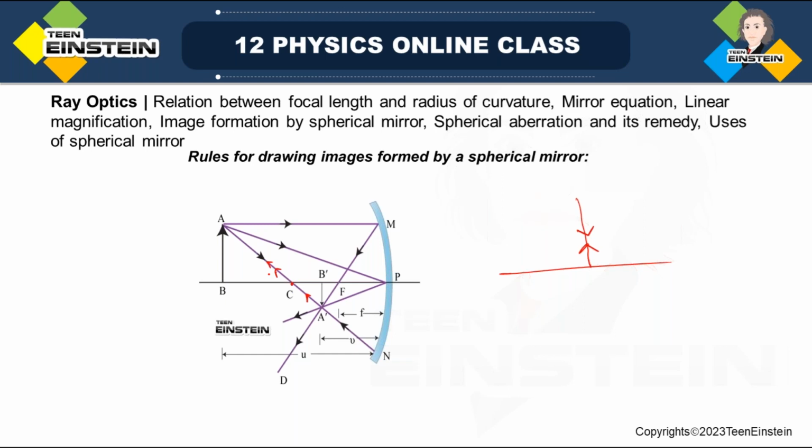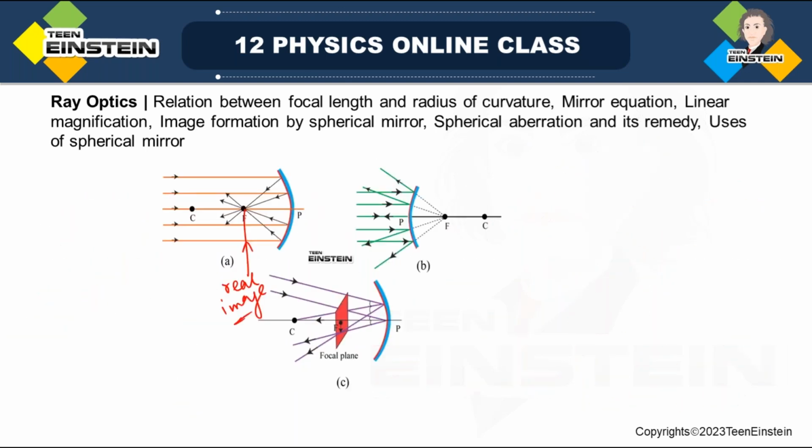Now any parallel ray after reflection passes through the focus in case of concave mirror. In case of convex mirror, after reflection the rays will be diverging in such a way that they appear to come from or diverge from the point on the principal axis which is called focus. Look here.